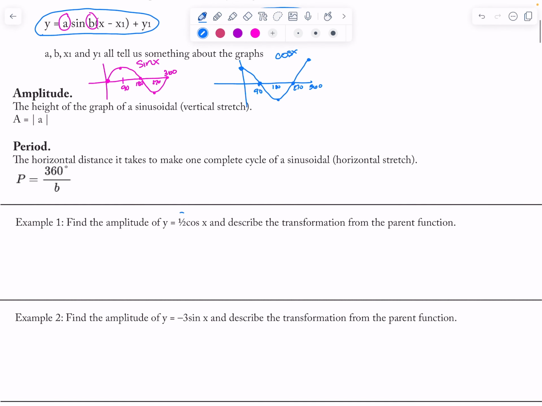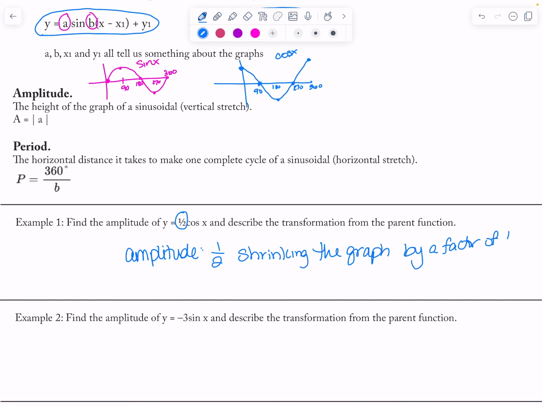So the amplitude is the absolute value of A. So the amplitude is 1/2. Okay, and what we're doing is we are actually shrinking the graph by a factor of 1/2 because the regular amplitude is 1.